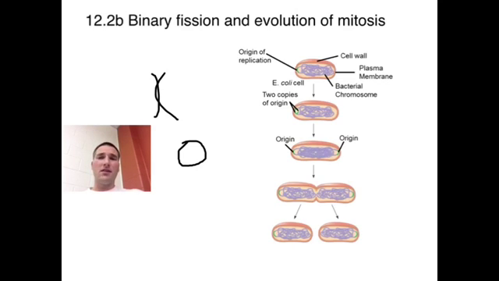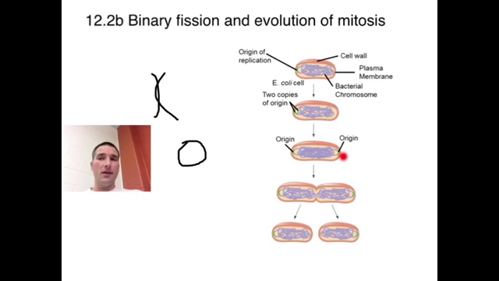They don't understand 100% how it works, which I love, when science doesn't quite understand how things work. But they do think that somehow the origins of the two different copies of the chromosome attach to opposite sides of the cell.